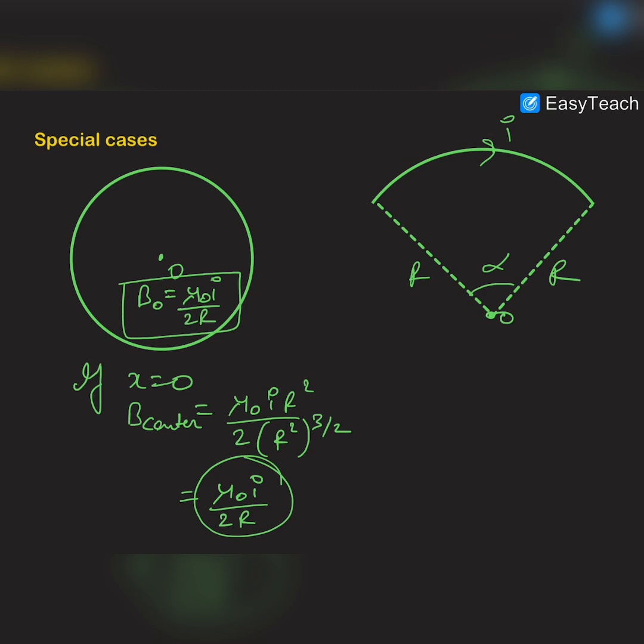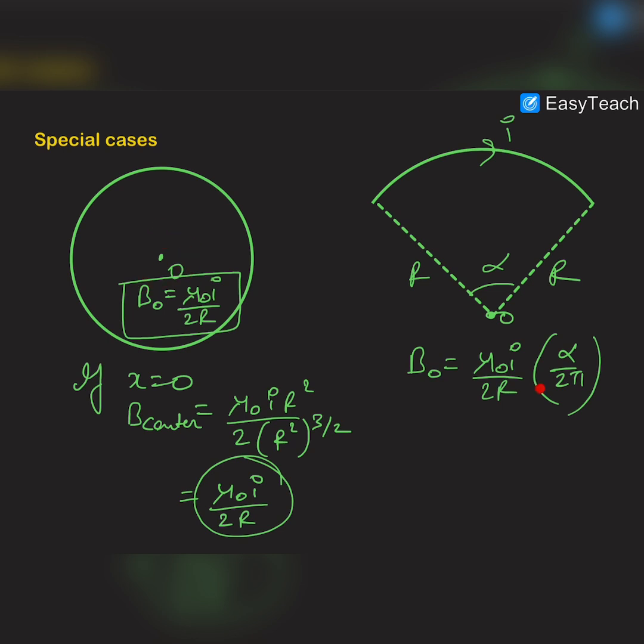Okay, and if we are finding the magnetic field at the center, but due to this arc, which is not a complete circle, then B at O will be equal to mu naught I by 2r times alpha by 2 pi. We can proportionally divide the magnetic field by the angles. We know that this magnetic field formula is for the complete ring at the center, and the complete ring has an angle of 2 pi.